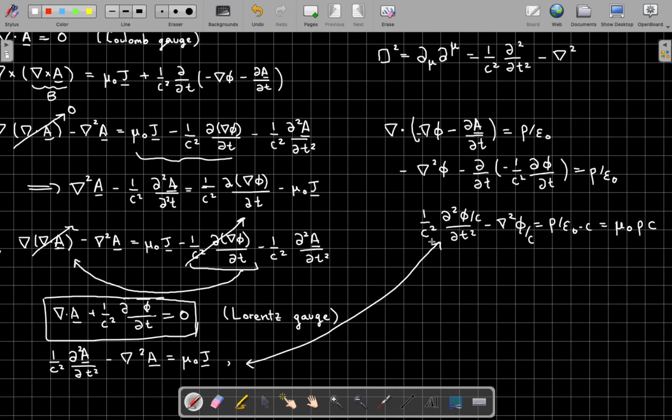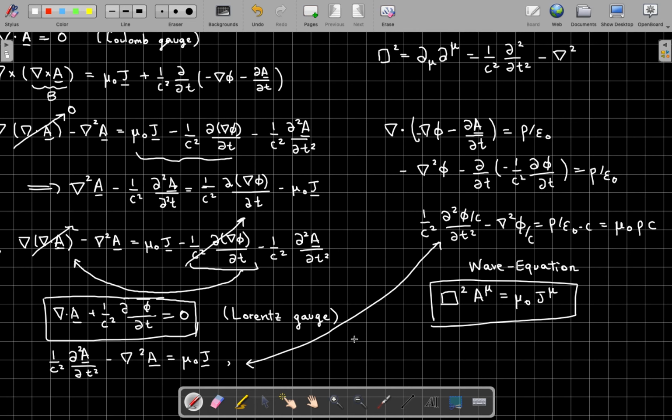Okay, so I can immediately recognize that these equations can be summed up into just one neat equation, which is, right? Very cool. So these two wave equations have become one wave equation. I haven't lost any information. I will still get these equations out of it. I've just written it very neatly.